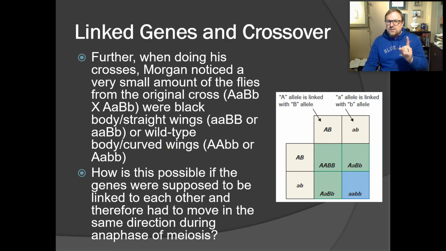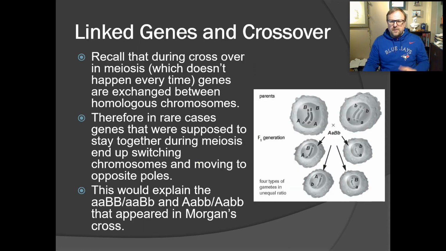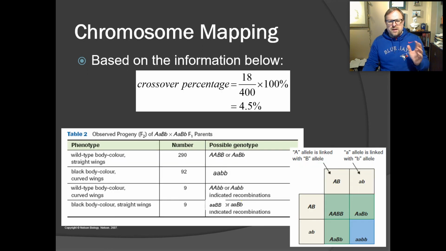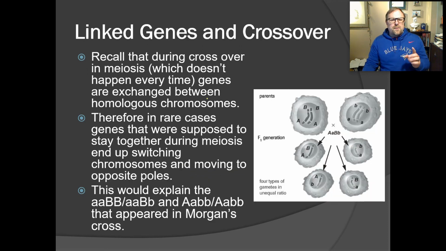That was unusual. He did not expect that. If they were supposed to be on the same chromosome, we ended up with other options. What ended up happening, and what we ended up discovering, is that there is crossover that takes place.